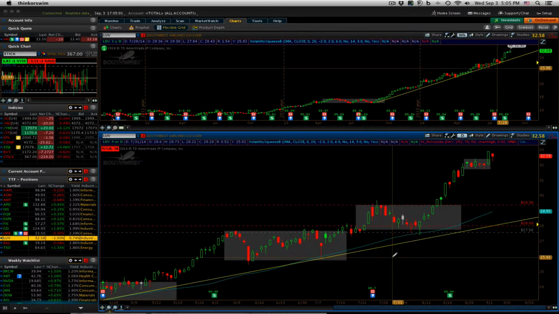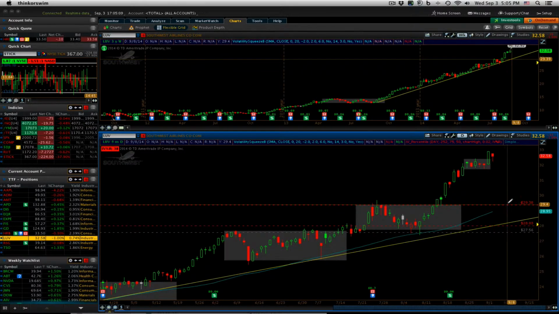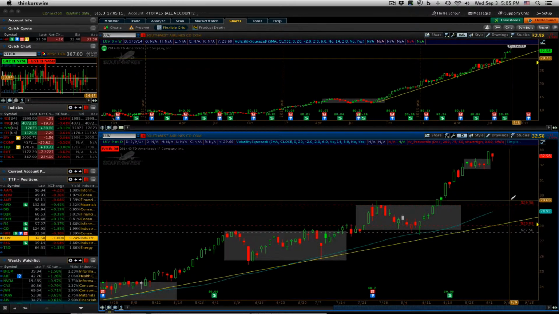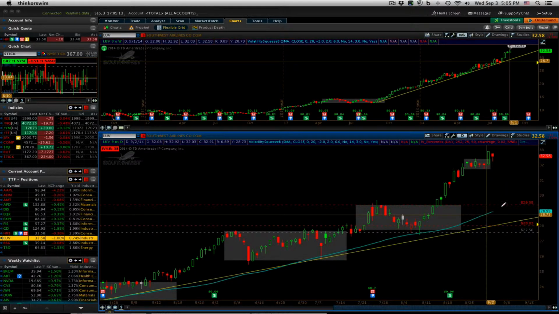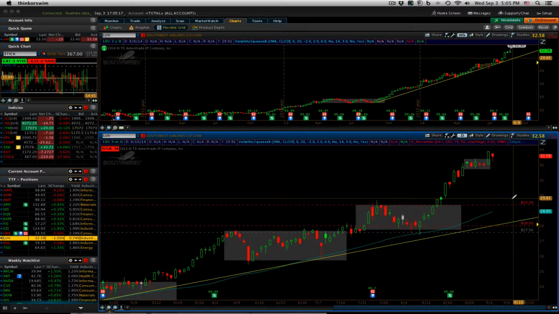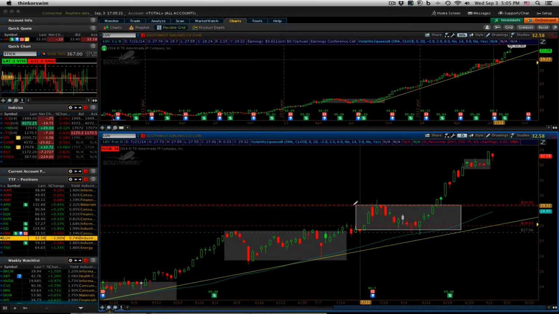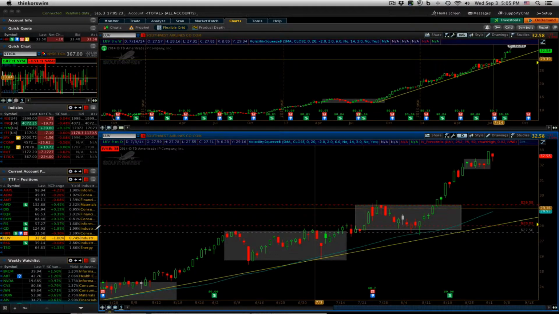It hasn't really pulled back any to identify another decent stop level. So I think once we can get this 50-day moving average to exceed 29.30 and start displaying itself over 29.30, then at that point we would want to move that stop to 29.30.